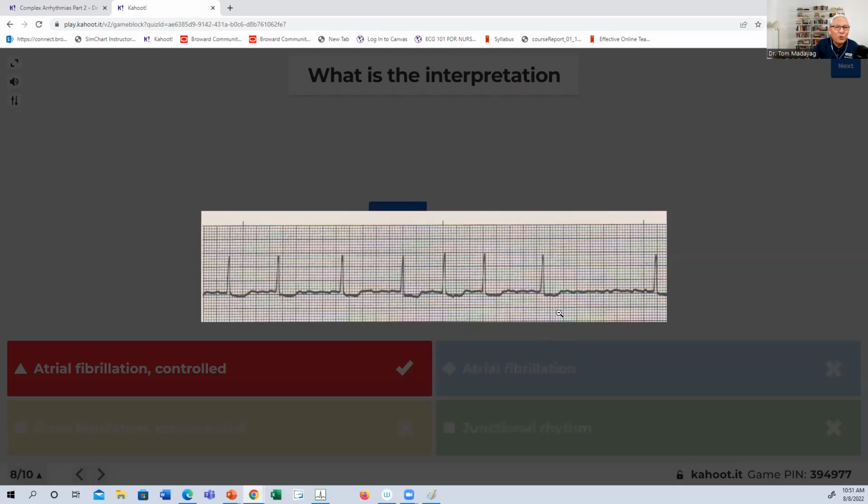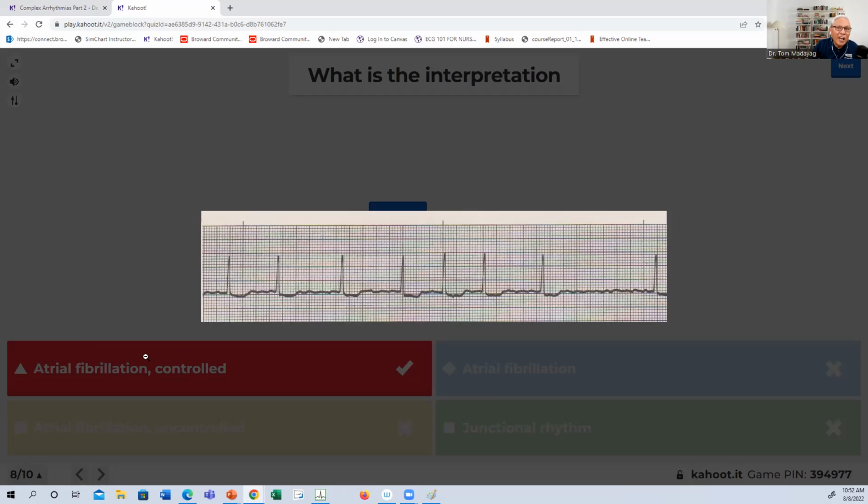Okay, so first is going to be sinus rhythm. The second very common rhythm that you will see on the monitor is going to be atrial fibrillation. And it's characterized by one, irregular heart rate or irregular rhythm. Second, a wavy baseline.